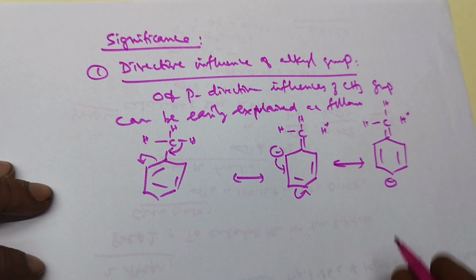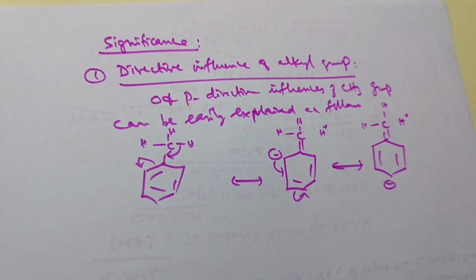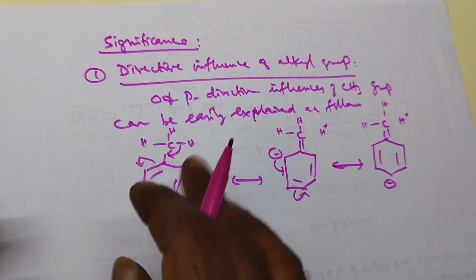Yes, we can also write two more structures. As a result of this hyperconjugation, the electron density at the ortho and para positions with respect to the CH3 group increases, and hence electrophilic substitution reactions in toluene will occur at the ortho and para positions with respect to the CH3 group. That is the first application.